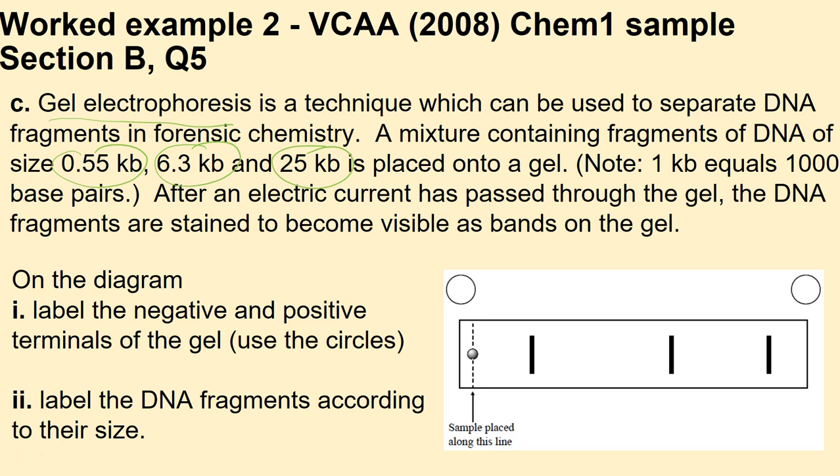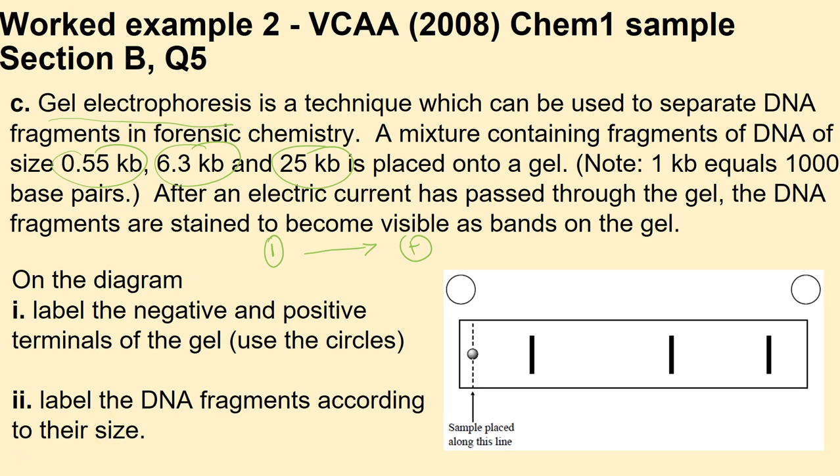Kilobases is our measurement. We apply the electric current, so remembering that the DNA moves from the negative to the positive through the gel, and the gel fragments are stained and become visible as bands on the gel. The question wants us to label the negative and positive terminals of the gel and then label the DNA fragments according to their size.